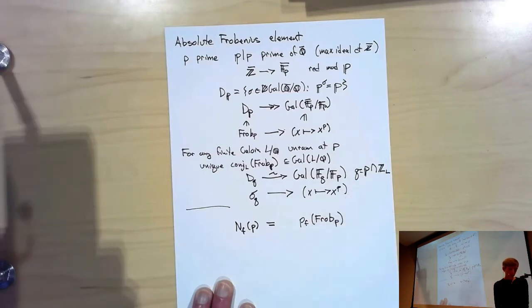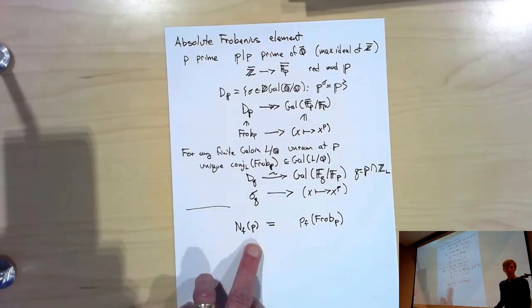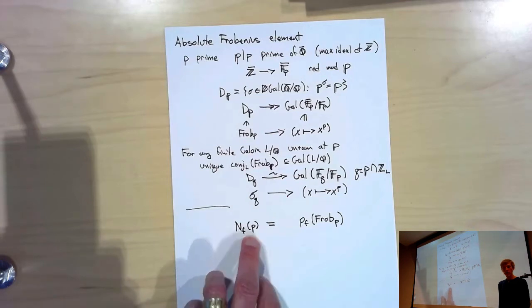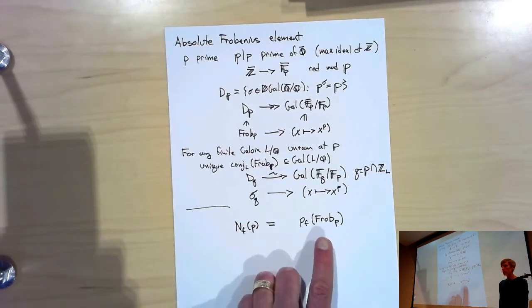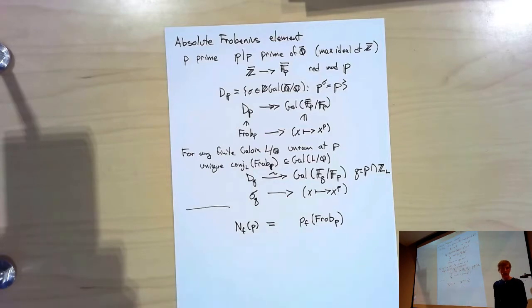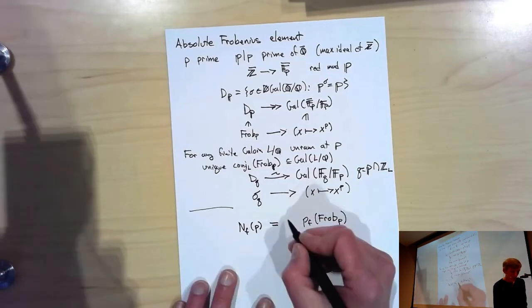So I'm going to plug it into the representation. That's going to spit back a matrix, and it's a permutation matrix. Now, the number of Fp rational points are, by definition, the number of points that are fixed by the Frobenius automorphism. In other words, they're going to be the number of points that are fixed by this permutation matrix. And if we want to count the number of points fixed by a permutation matrix, we just take the trace.